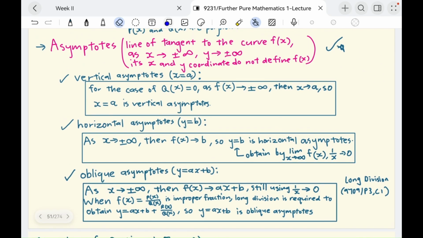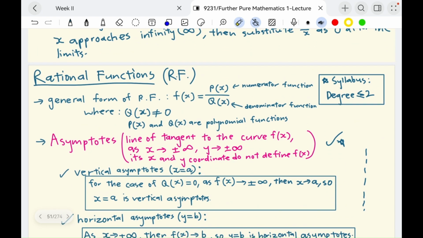So for the vertical asymptote, it is a vertical dashed line like this. This is called the vertical asymptote when x equals to a, and x equals to a does not define the f(x), where f(x) is the rational function.